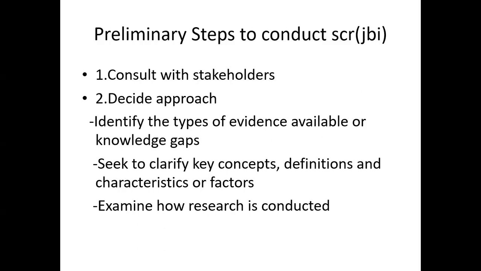Or you can decide to work on clarifying the key concept or definition or characteristic. Or you can decide to examine how research is conducted. So you have to sit together with the stakeholders and make a decision. Which approach are you going to use? Instead of doing everything, you just take one approach. Continue.